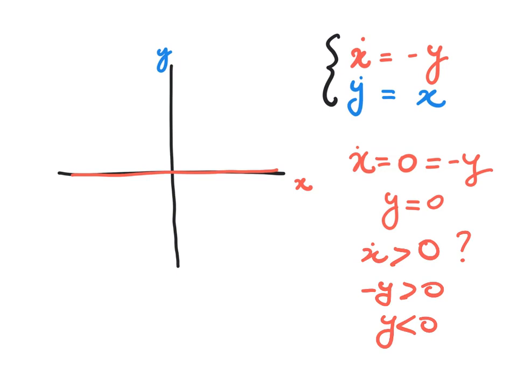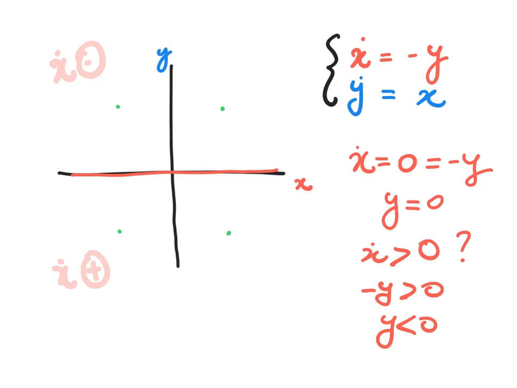Let us draw this conclusion in the phase space for 4 initial conditions. Here, here, here, and here. So x dot is positive when y is negative. So here x dot is positive, and here x dot is negative.